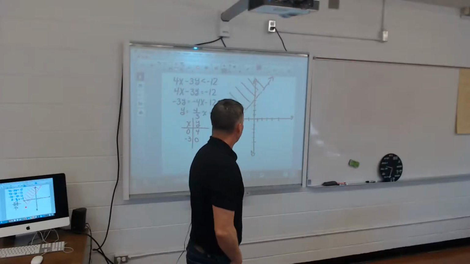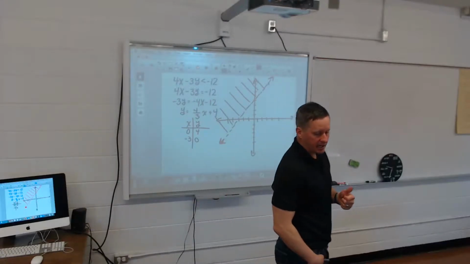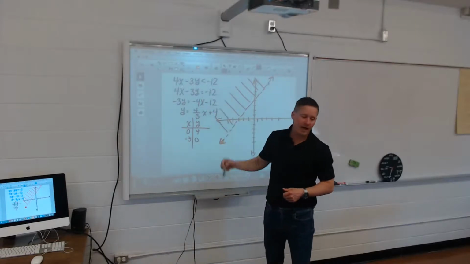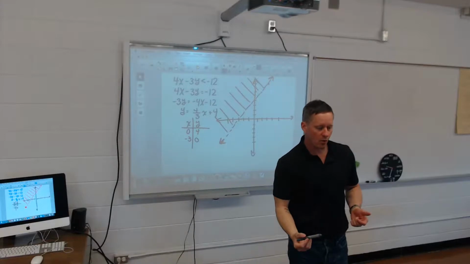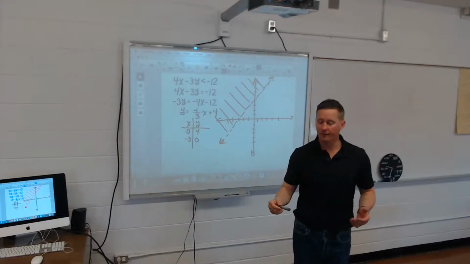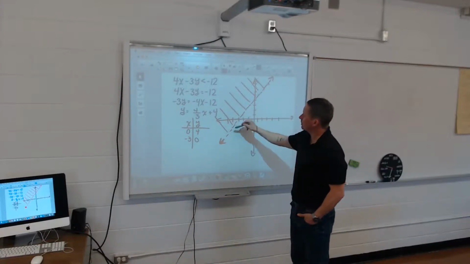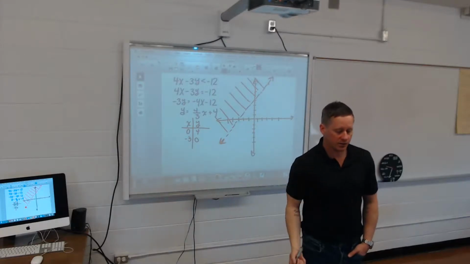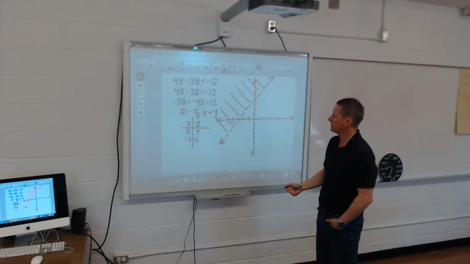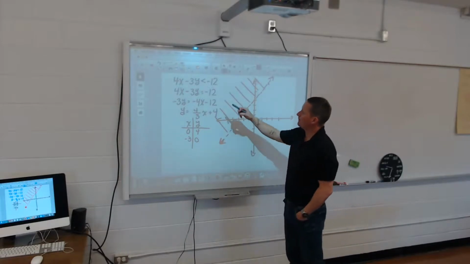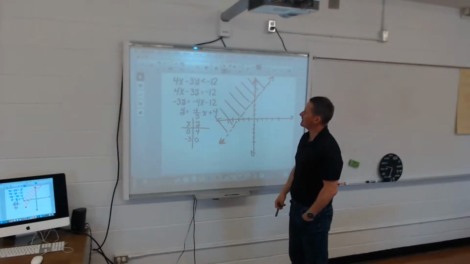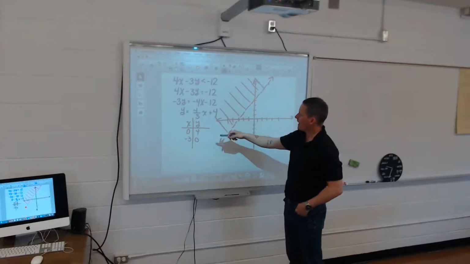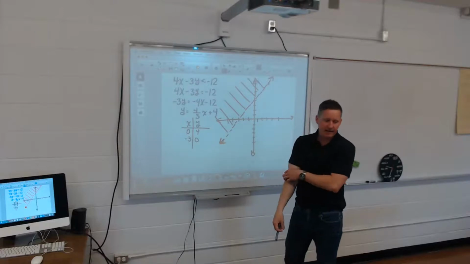Okay? So the first thing that you do is you change the inequality to an equality. Graph that line, whatever method you want to use. I make sure that it is a dotted line because it's not an equals to. So I have 4x minus 3y is less than negative 12. I graph the line, and then I select a coordinate.